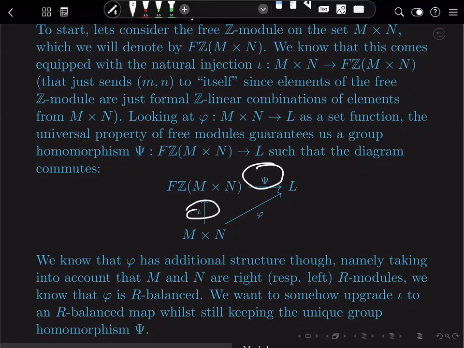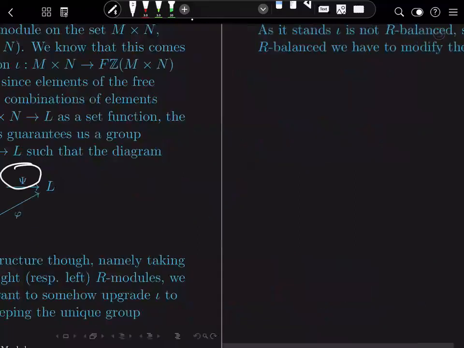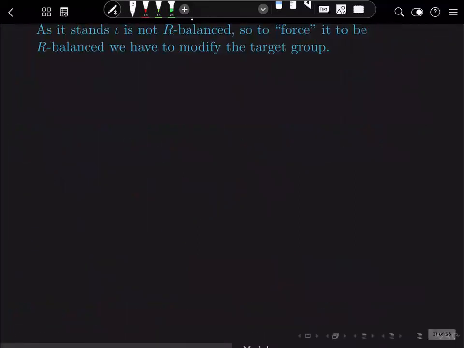But of course, it's not that simple, because iota is not R-balanced. Iota is the canonical injection. It's just a set map, because we're looking at this with no structure. So to force iota to be R-balanced, we have to modify the target group in a very specific way.